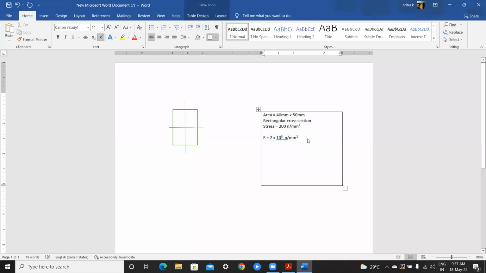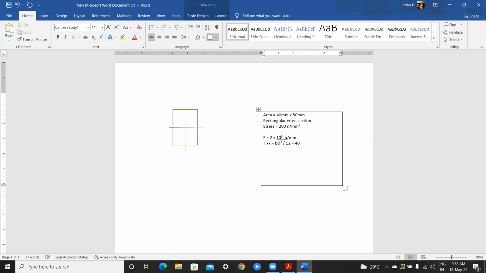So in the given data, Ixx equals bd cube by 12. What is the breadth here?